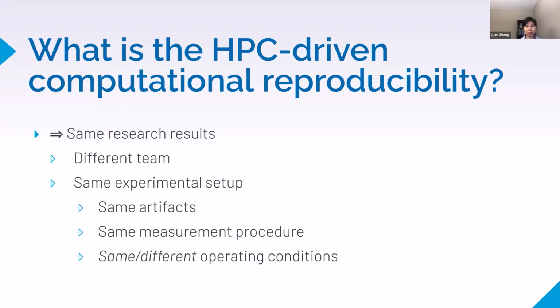But the little difference here is that we may choose to use the same or different operating conditions based on the availability of the HPC resources that have been used for the publication in the original paper.